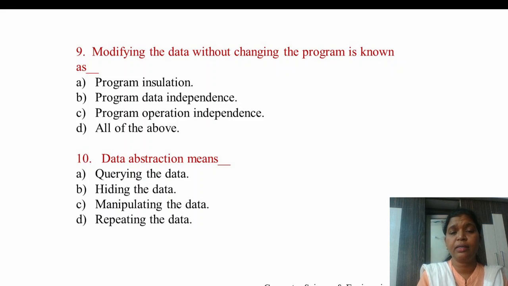Program insulation, data independence, that is program data independence, program operation independence, all the above. Which is the correct answer? Okay, we are coming to the end. The tenth: data abstraction means querying the data, hiding the data, manipulating the data, repeating the data. Which is true? Okay. So mark down all the 10.